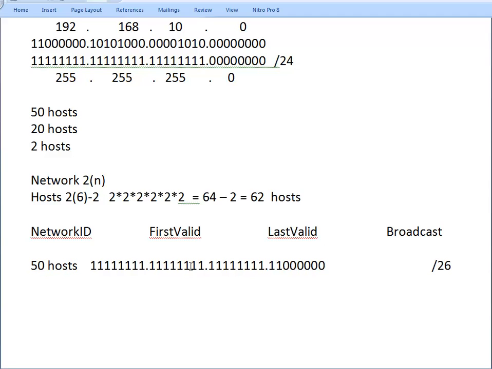Or I can say the subnet mask will be 255.255.255.192. Okay, I need to fix these. 255 here, put them in the middle.